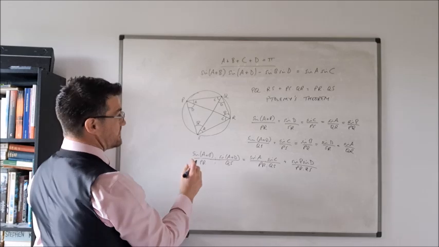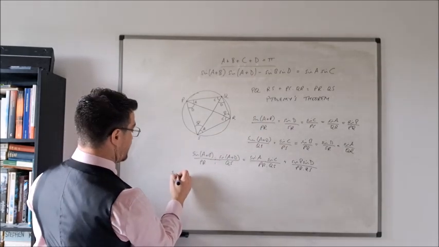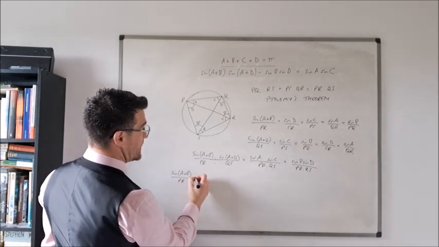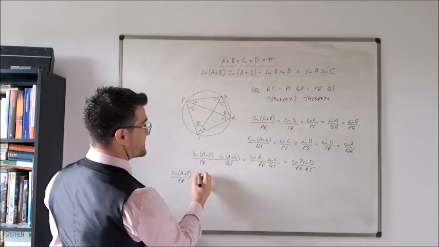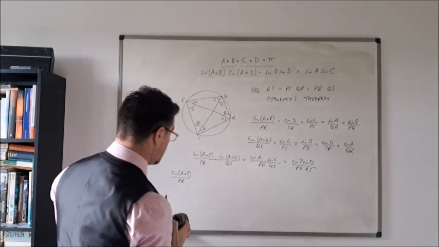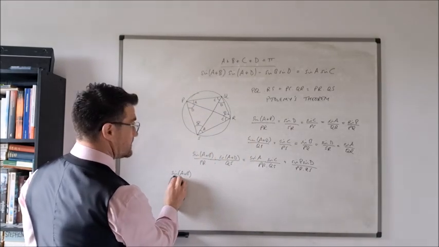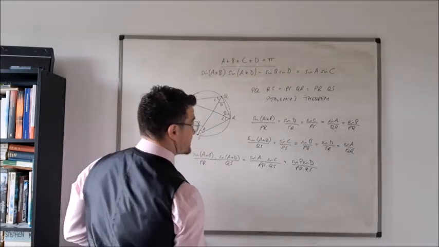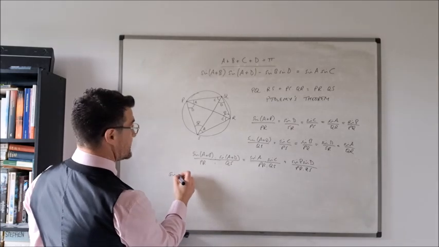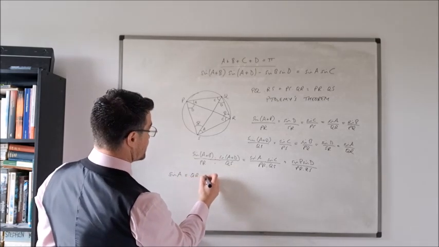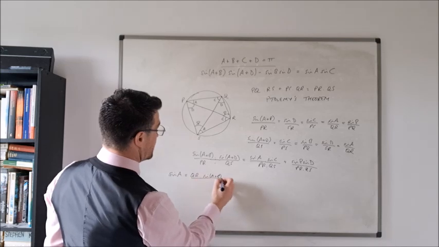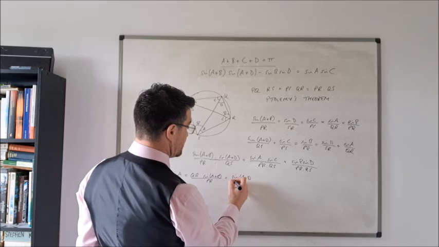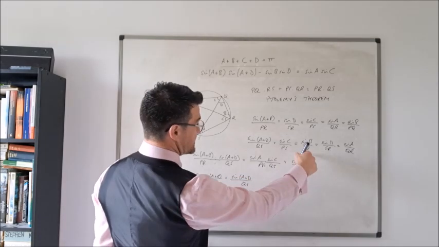Then, using what I've got here, I can write, for example, sine A plus B over PR. It's actually sine A that I need. So sine A, we'll get there in the end. Sine A is equal to QR times sine A plus B over PR, which in turn is equal to sine A plus D over QS times QR.